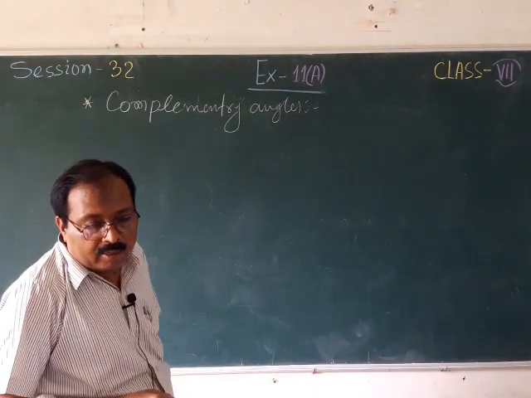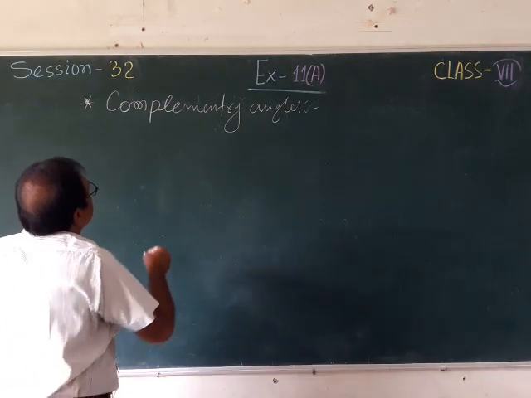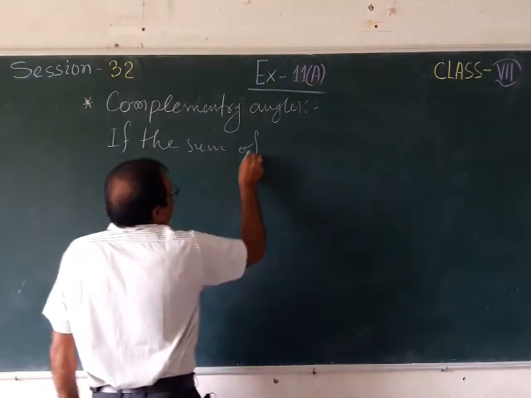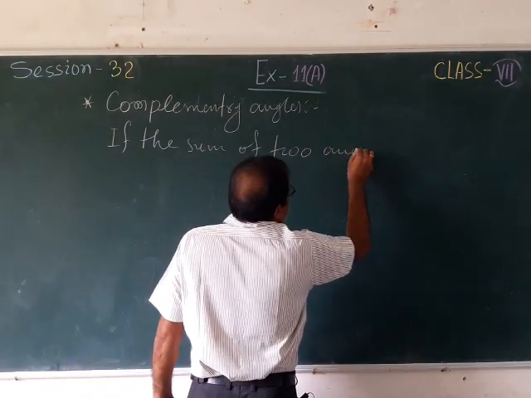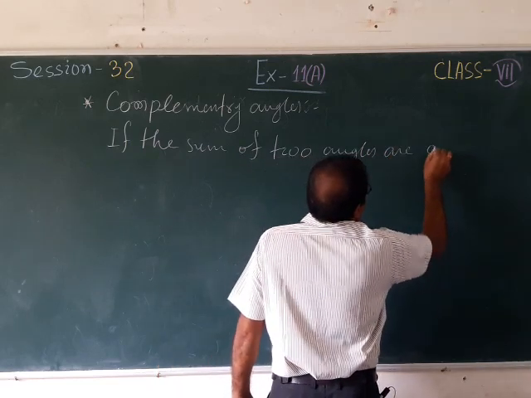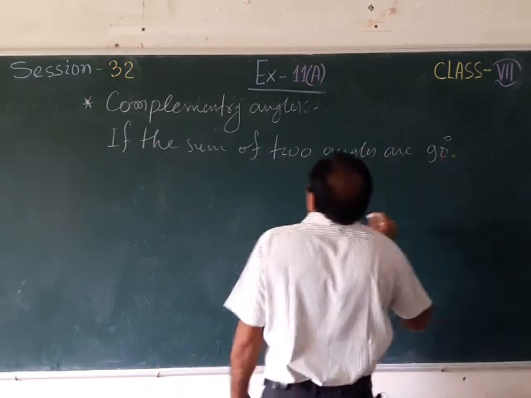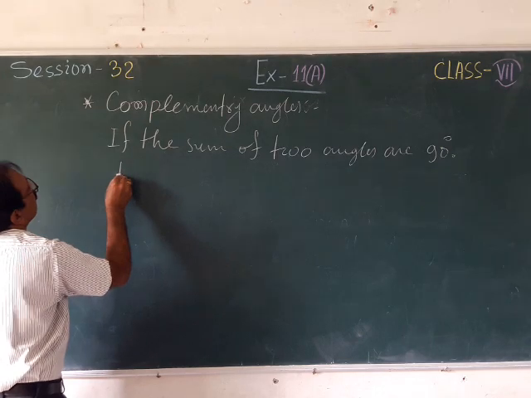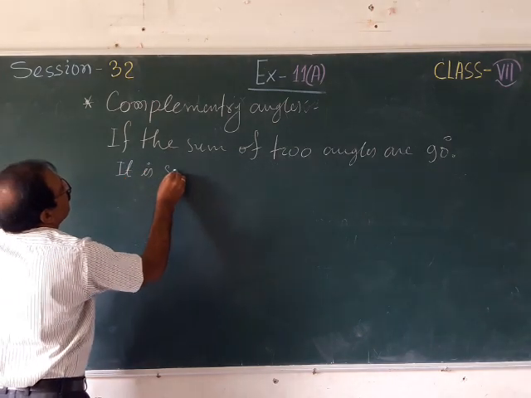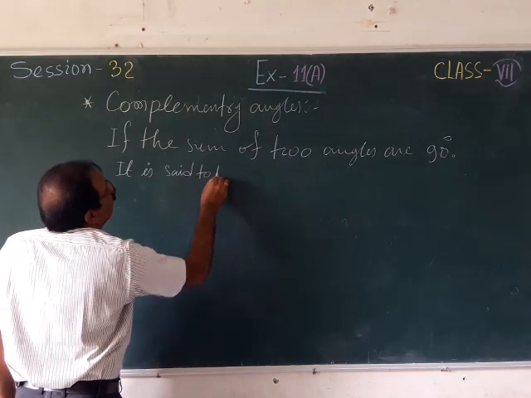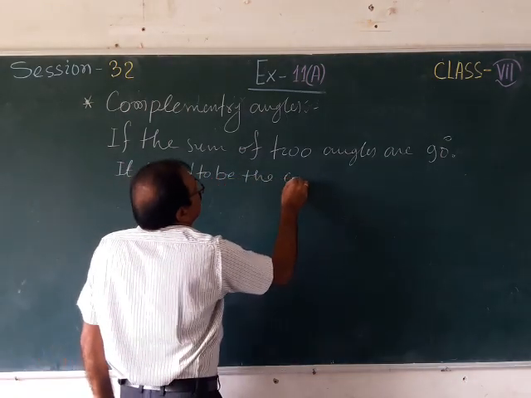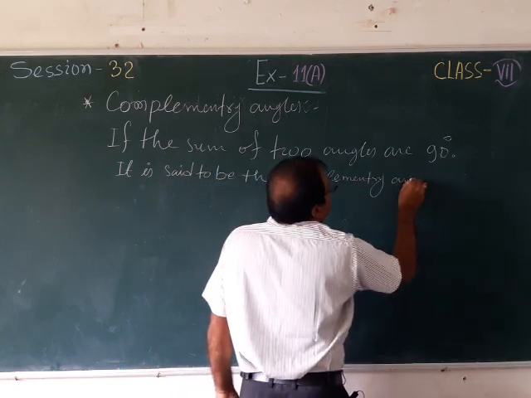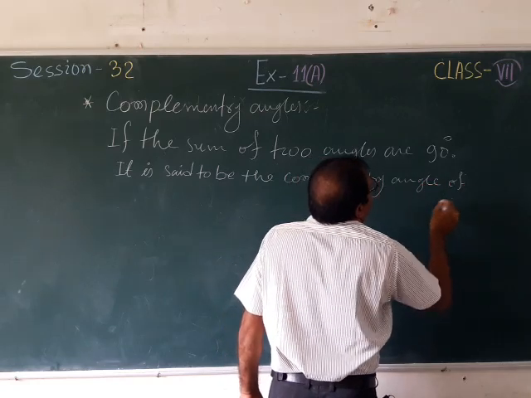If the sum of two angles is 90 degree, I can write it like that: if the sum of two angles is 90 degree, it is said to be the complementary angle of each other.